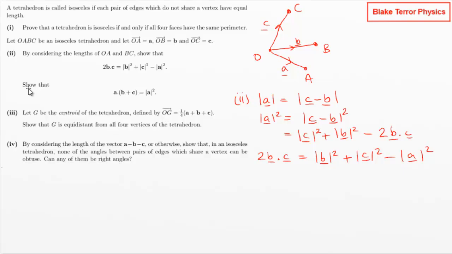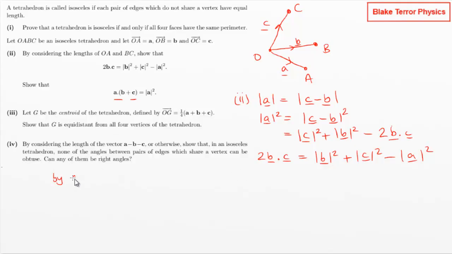And then show that. Okay, so what are we doing? So this is for an isosceles tetrahedron. So I've worked out b dot c off of those. Do I do it again for a dot, well, I need an a dot b and an a dot c. I've got a b dot c. It feels like I need to do these again for the other sides. It's going to be easy because by symmetry, we can swap the letters around.